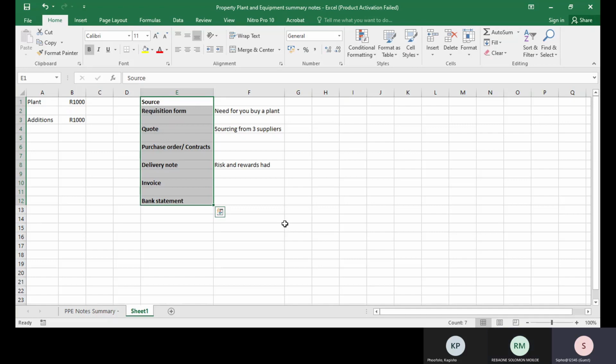If you want me to do proper procedures, I can do that for you, but this was just to summarize it. So don't think only about accounting, but also think about, if I'm buying this asset, how will I then audit it? You understand? I think that's it for today.